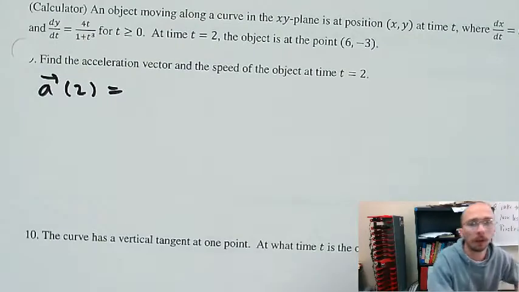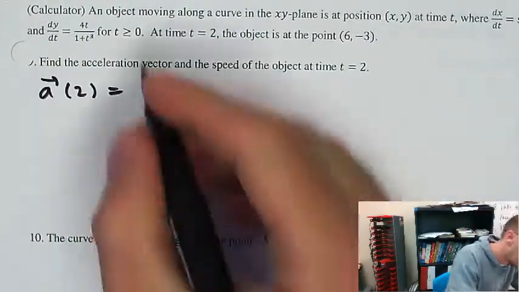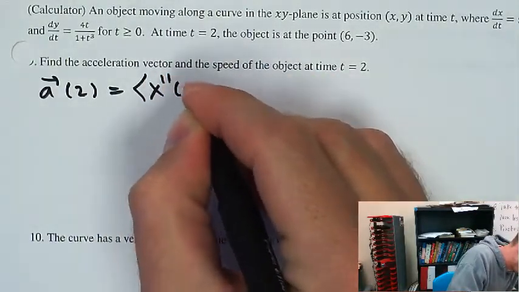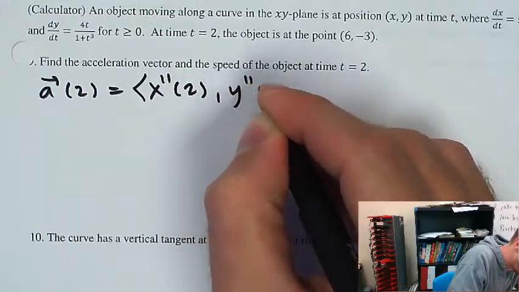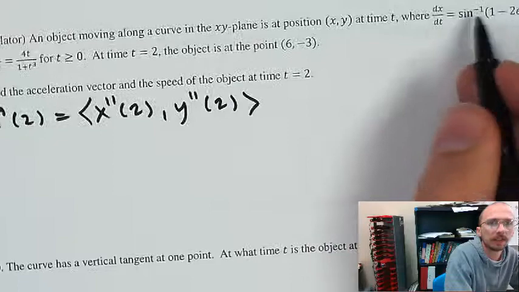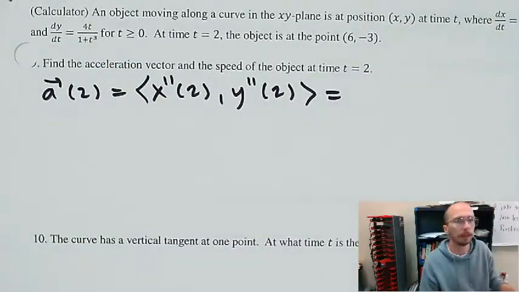But I need to indicate, I'm going to use the calculator to do this, and I have to tell the reader that. What calculus am I doing to get to my answer? It's x double prime of 2 and y double prime of 2, which implies that you're taking the derivative of dx dt and dy dt. And we're going to use math 8 to make that happen.